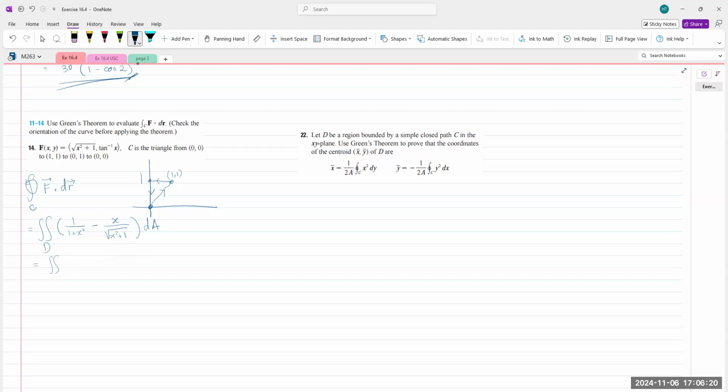If I look at the domain, I think I will want to do it in terms of y, 0 to 1 for the dy, and then for the x it will be from 0 to y, of 1 over 1 plus x squared, minus x over square root of x squared plus 1.